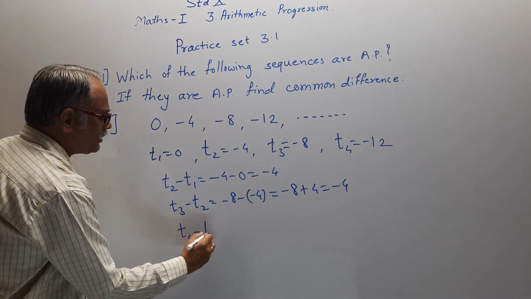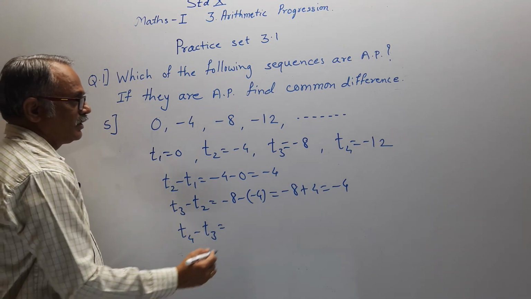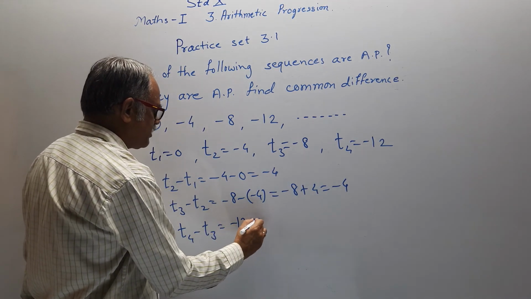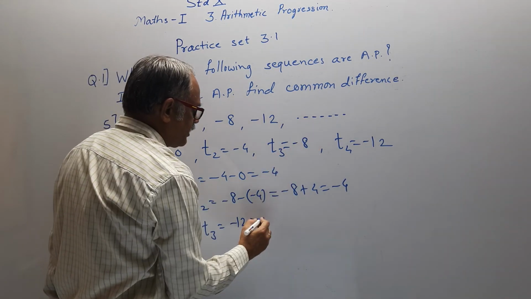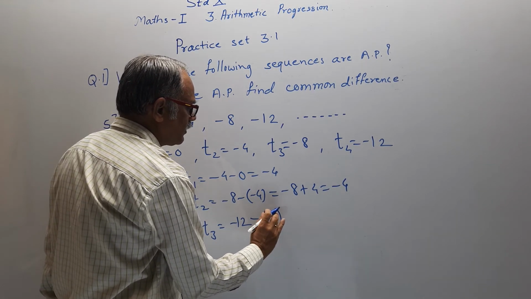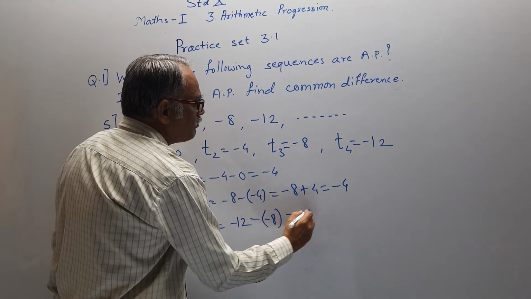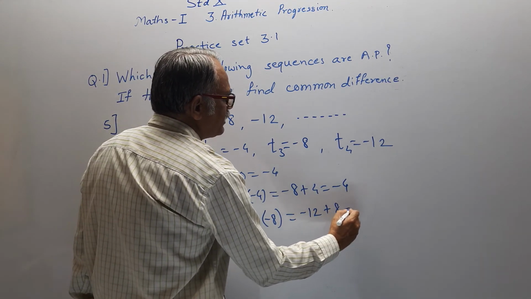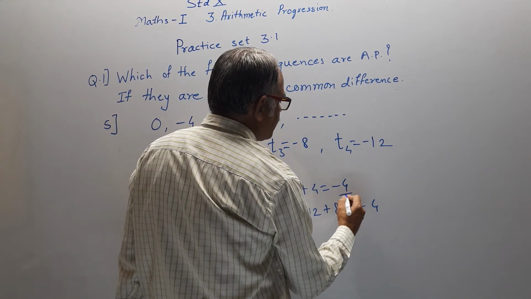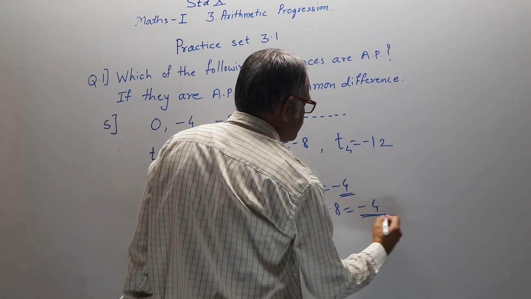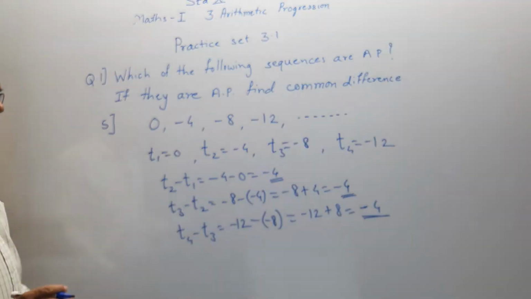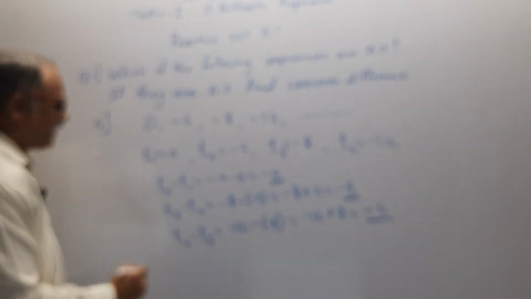T4 minus T3: T4 is minus 12 and T3 is minus 8. Minus 12 minus of minus 8, so minus 12 plus 8, minus 4. The first difference comes minus 4. In the second case also, the consecutive term difference comes minus 4. Every time it is the same. It may be negative, but it is the same every time.